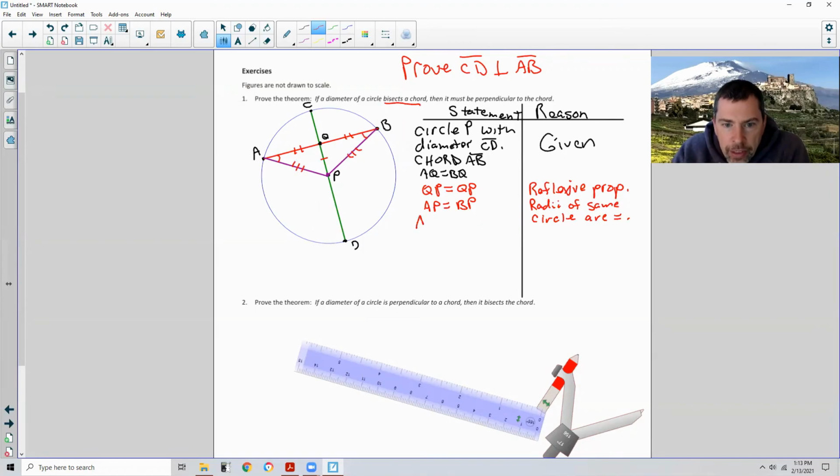Now I can say triangle AQP is congruent to triangle BQP.